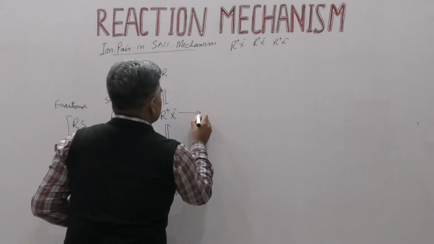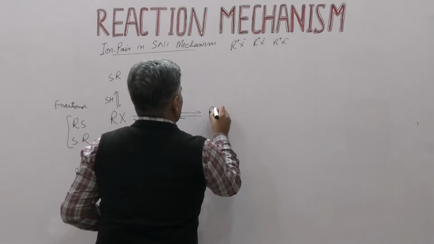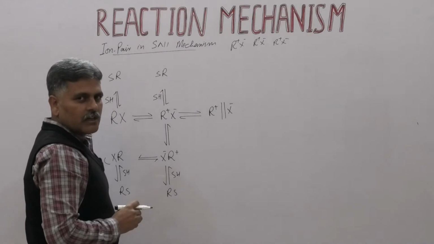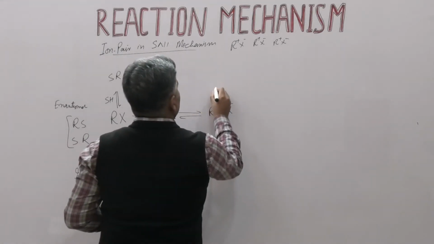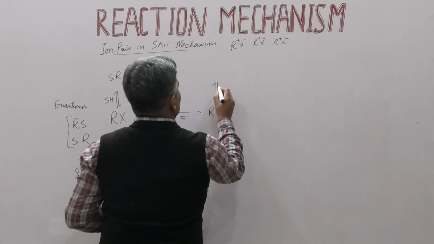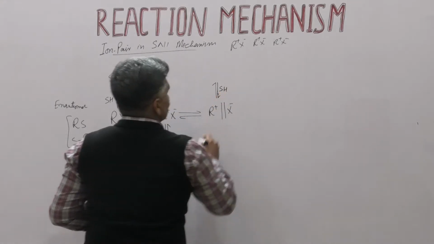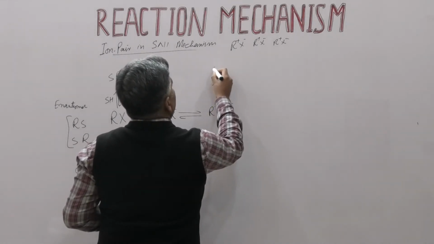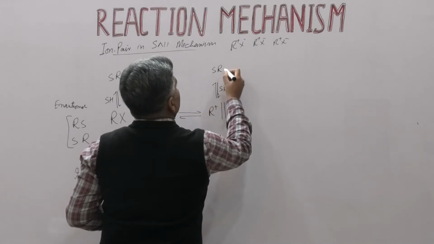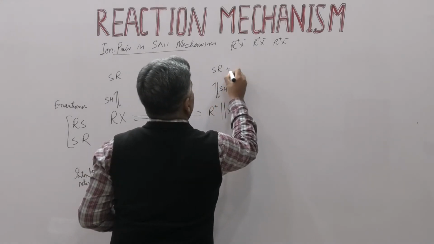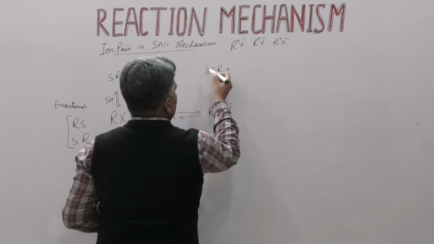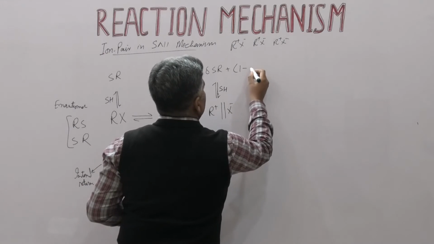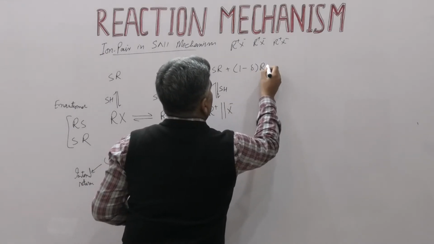Then the next stage is R positive and X negative. This is the solvent separated ion pair. So when the incoming nucleophile from the solvent molecule, when solvolysis occurs, then we have SR plus, with some delta showing some concentration of SR, and 1 minus delta RS.